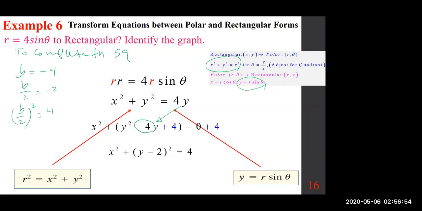I hope you recognize the equation of a circle in the form of x minus h squared plus y minus k squared equals r squared. So the circle is centered at (0, 2) with the radius 2.